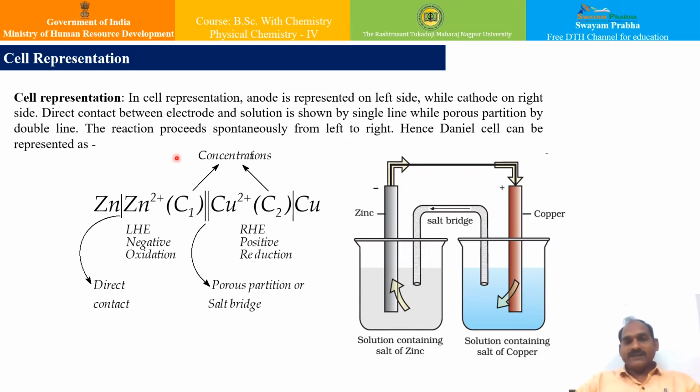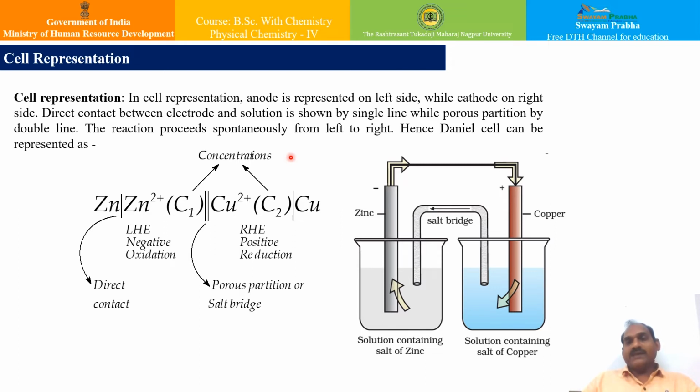If the cell consists of two electrodes, the electrode at which oxidation takes place is known as the anode, and it is negatively charged, and it will always be represented on the left-hand side. Likewise, the electrode at which reduction takes place is the cathode, and it is positive, and it will always be represented on the right side.